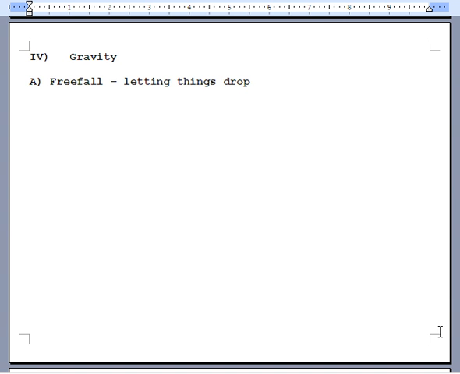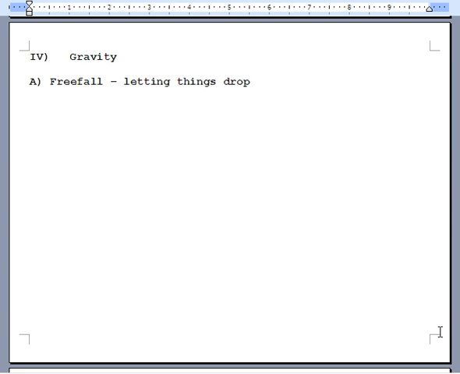We may just drop it, we may throw it up, we may throw it down, but there's nothing else helping it go up or down. There are no little rocket packs on our eggs, no parachutes exerting a backwards force to slow down gravity.